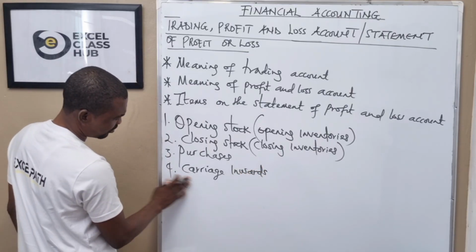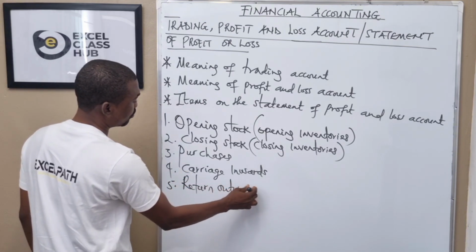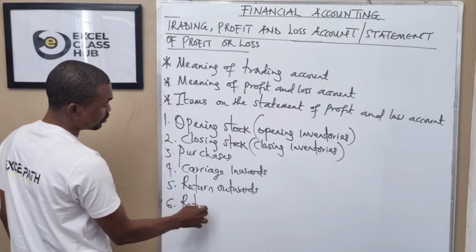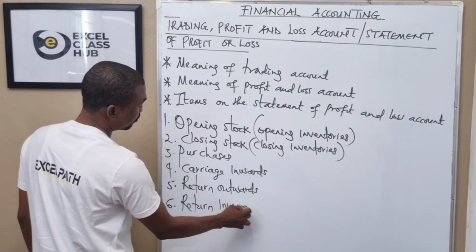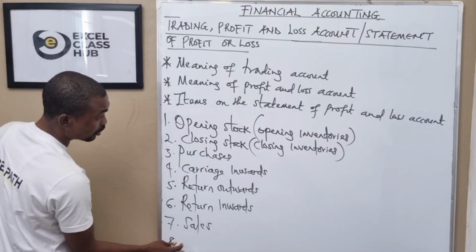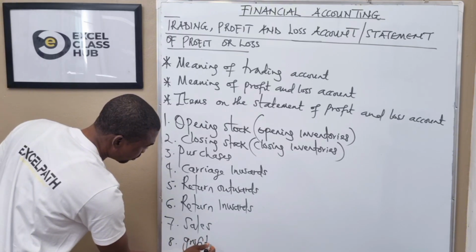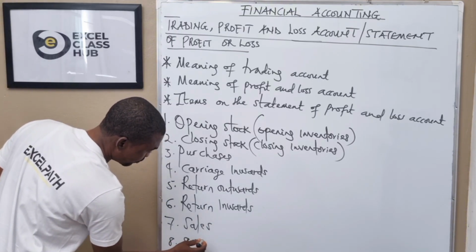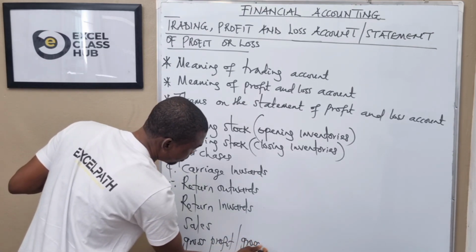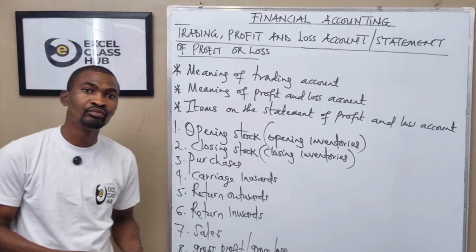Five, we have return outwards. We also have return inwards. Number seven, we have sales. Number eight, we have our gross profit or gross loss.